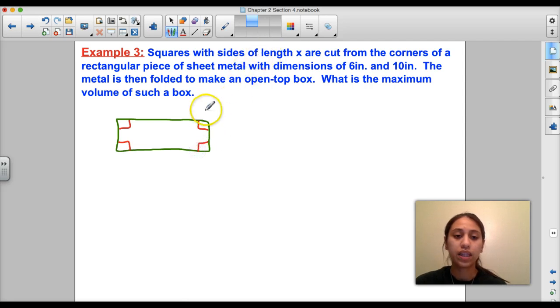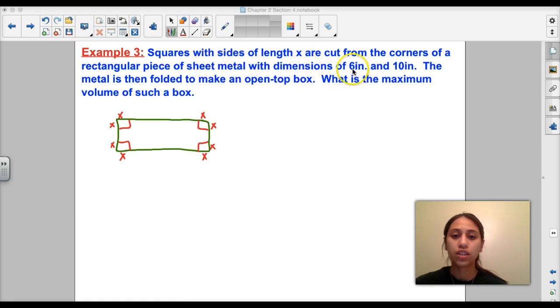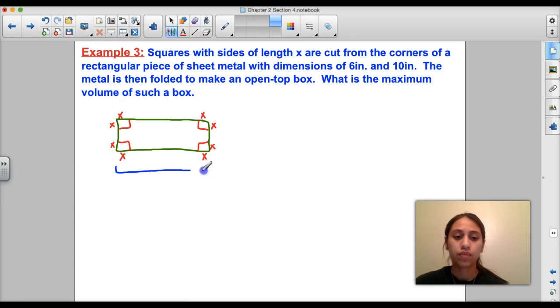And it said they would be length x. So all of these, the sides of the squares, would be x. Then what else does it tell? It says the dimensions of the sheet metal are 6 inches by 10 inches. Okay, so I'm just going to draw that. 10 inches by 6 inches.